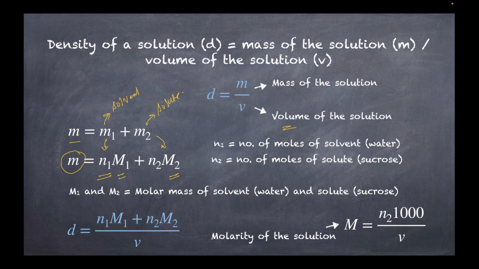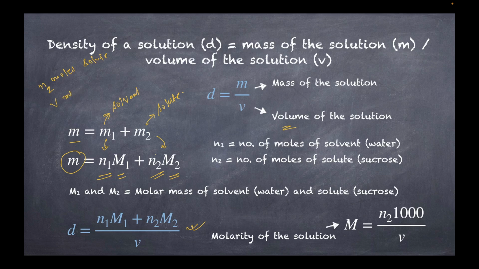Now we can redefine the density D equal to n1 M1 plus n2 M2 divided by the total volume of our solution. Let's say that in our solution n2 moles of solute are present in V ml of solution, so the total volume of our solution is V ml.